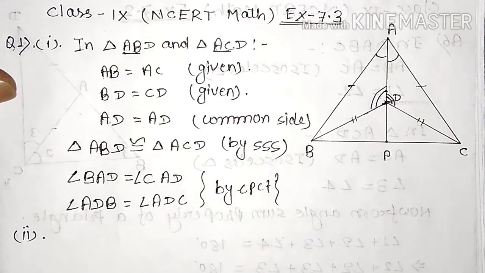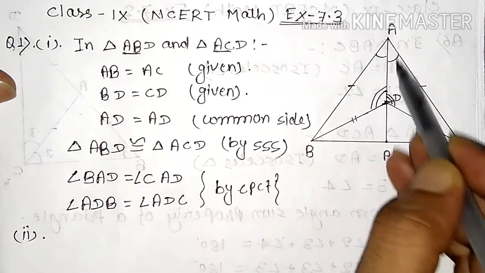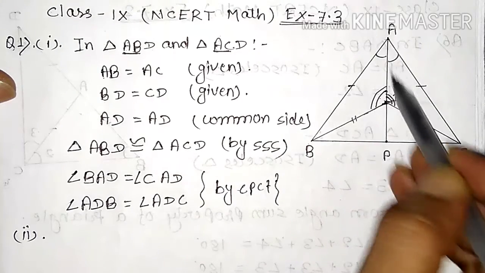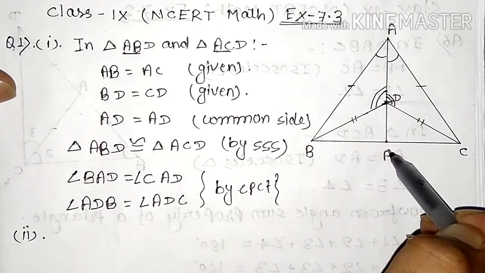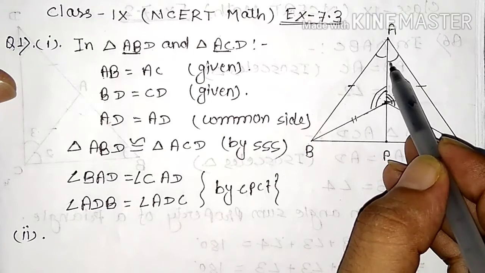In part number 2, what we have to prove? We have to prove triangle ABP is congruent to triangle ACP. This triangle is congruent to this triangle.